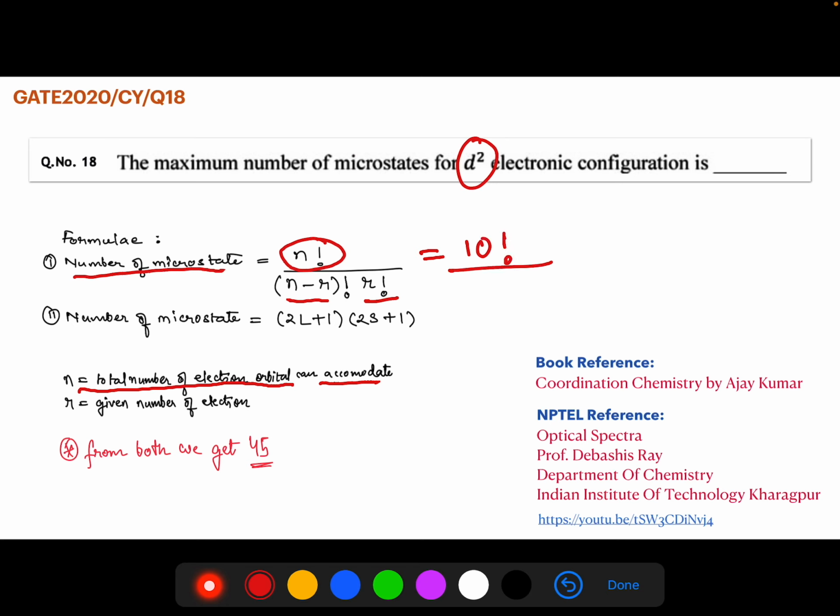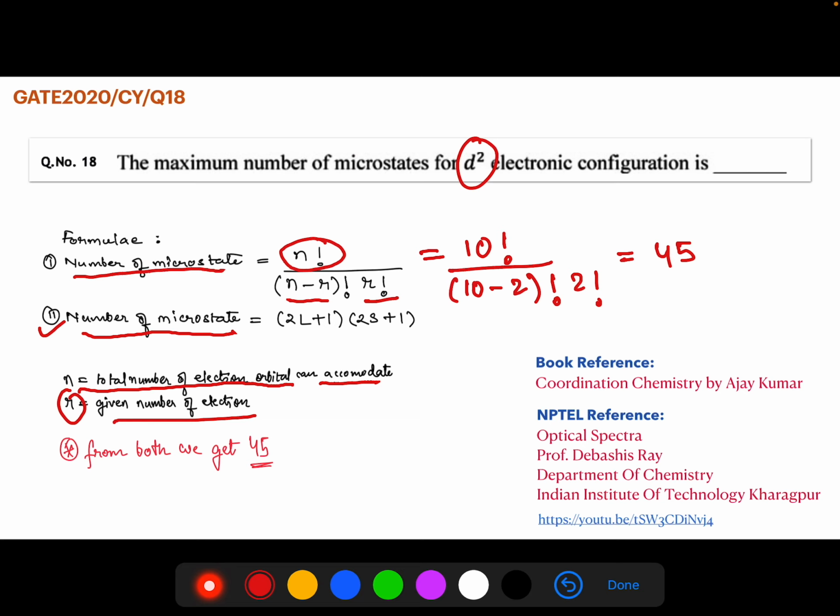So it becomes 10 factorial upon 10 minus number of electrons, r being just the given number of electrons, so 8 factorial and 2 factorial. So this will give me the value 45.